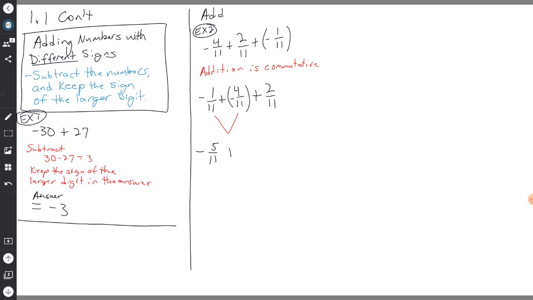Then bring down your plus 2 over 11. We have a common denominator, so we don't have to worry about that. The negative will be associated with the top part of the fraction. So what would this result become? So negative 3 over 11, right.